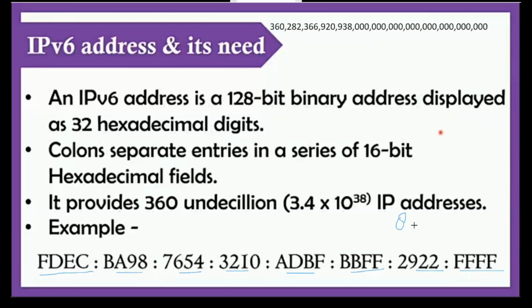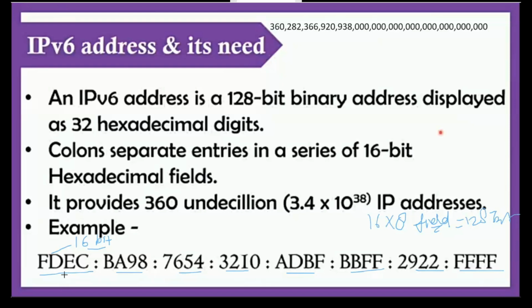We have 8 fields, and the size of every field is 16 bits. So 16 into 8 is 128 bits. The size of the complete IP address is 128 bits.